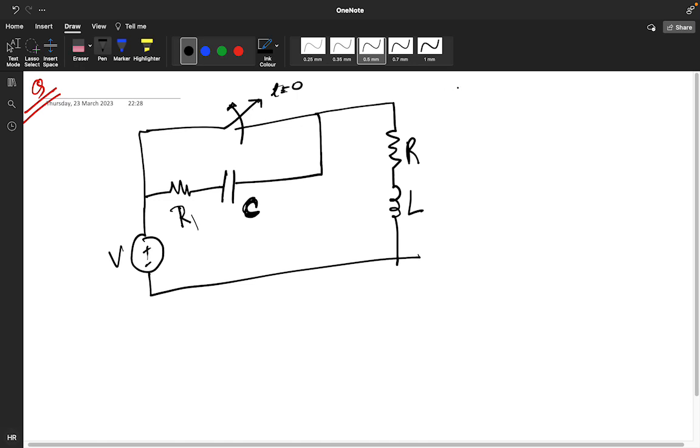In this question you need to find the voltage across the switch, voltage across this switch, Vs, at t is equal to 0 plus.